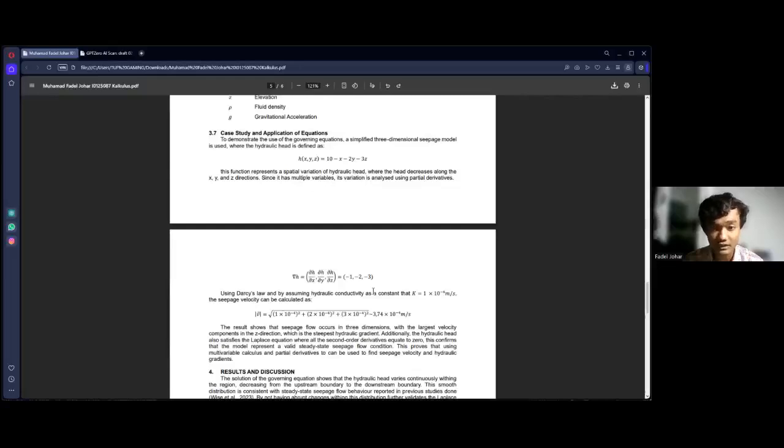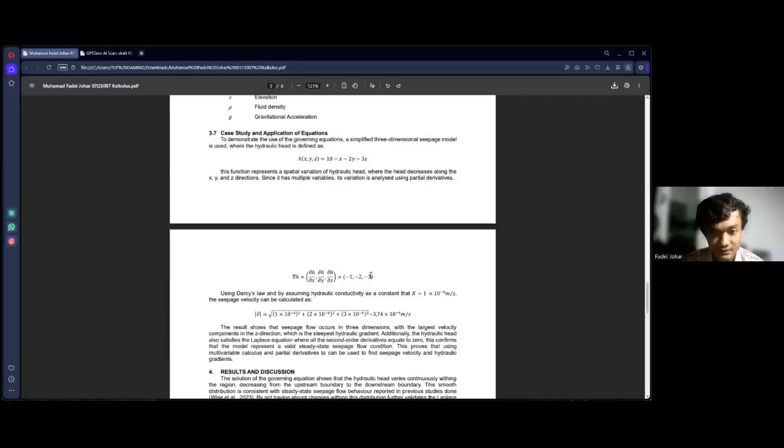Additionally, the hydraulic head also satisfies the Laplace equation, where all the second-order derivatives equate to 0. Here we can see this function when we put it through a second-order derivation. As we can see, this is the first order, and if we put it through a second order, it will all equate to 0.